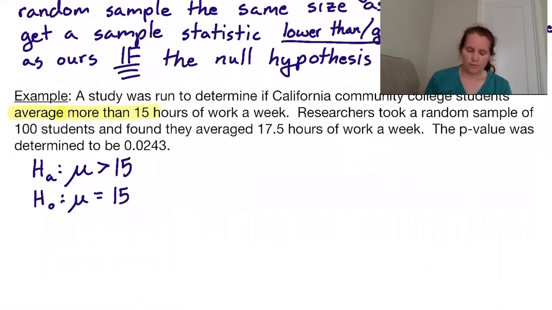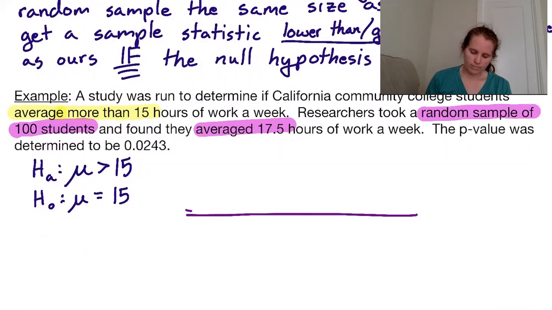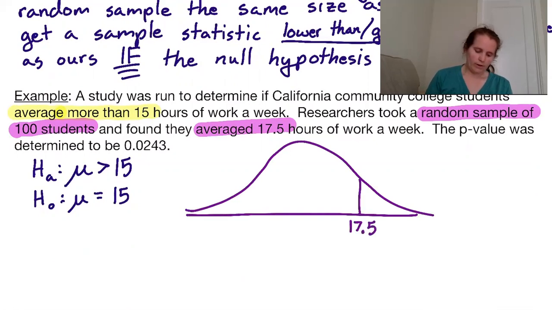Our sample: we had a random sample of 100 students, and that sample averaged 17.5. So if we look at our picture, at 17.5, we are looking to the right because we are looking at an alternative hypothesis of more than.